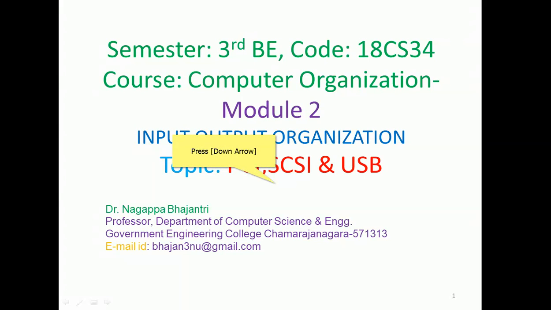We are going to discuss the topic called expansion buses: the PCI bus, SCSI bus, and USB bus, which are expanded from the memory bus or processor bus. Those buses have some special characteristics.